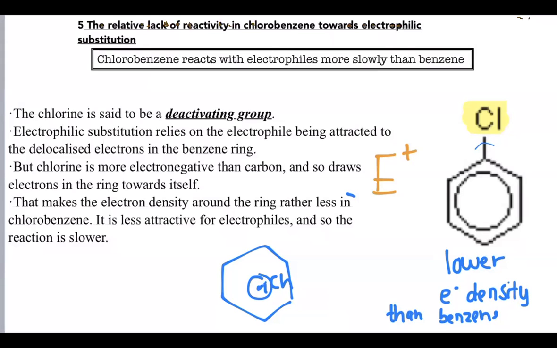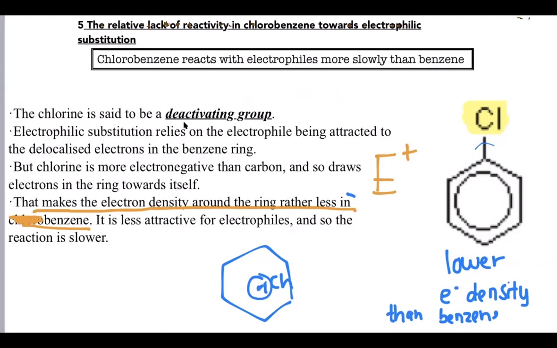That makes the electron density around the ring less than benzene. Chlorine makes the electron density around the ring less than benzene. It is less attractive for electrophiles, and so the reaction is slower.